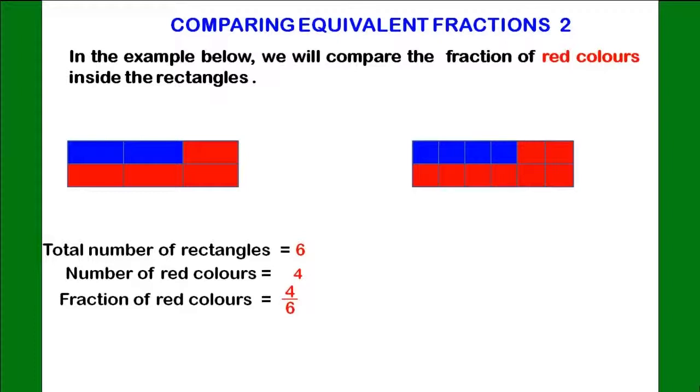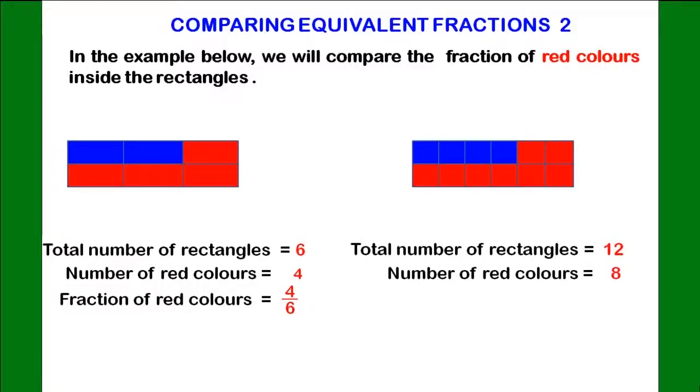For the second rectangle, this is divided into 12 equal parts. This represents the whole and it is the denominator. 8 parts are colored red, so it represents the numerator.